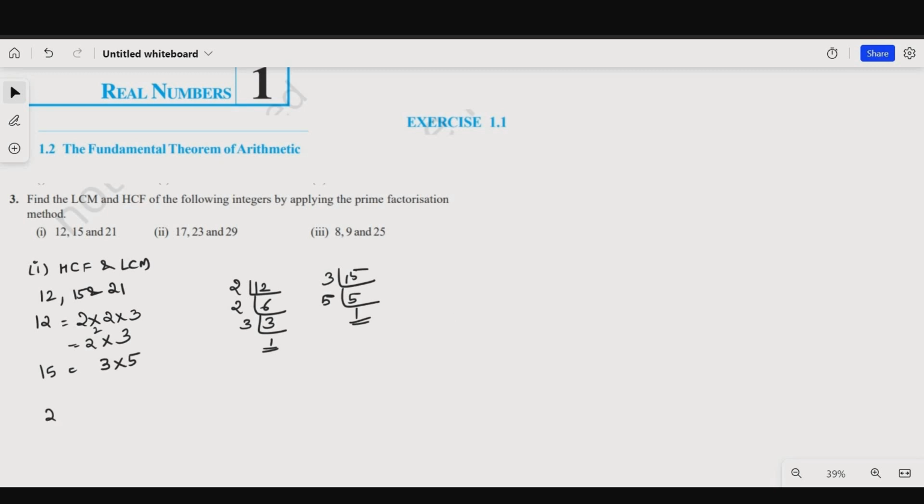Now next number is 21. The smallest prime number that can divide 21 is 3. 7 3s are 21. 7 itself is a prime number, so it is divisible by itself. So we can write 21 as 3 into 7. Now we have to find the HCF. So HCF of 12, 15, 21.